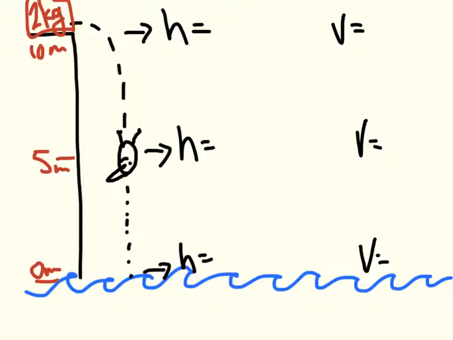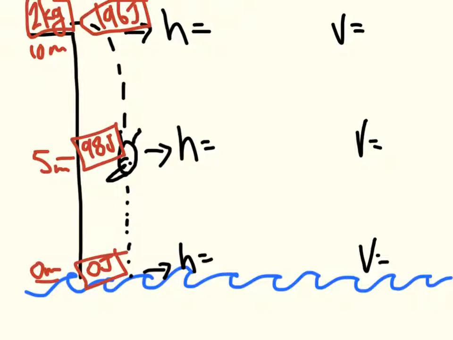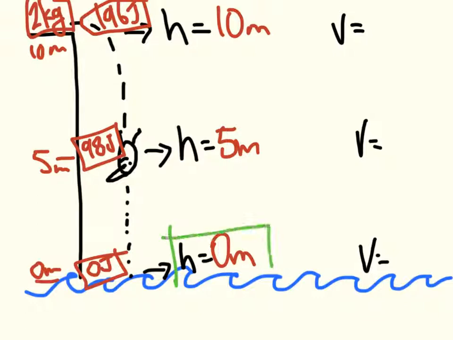Our penguin started with 196 joules of potential energy, 98 joules of potential energy, and then 0 joules of potential energy. So the height is obviously 10 meters, and then 5 meters, and then 0 meters. So these are things that we will be solving for.